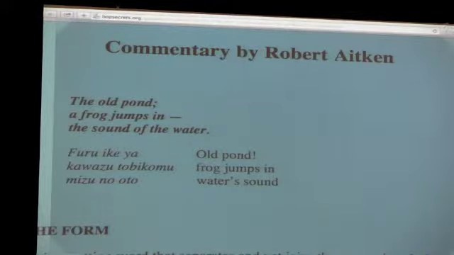The water is all of the universe. Ripples, yes. That's really neat. This is very deep, like the old pond. 17 syllables, very deep.